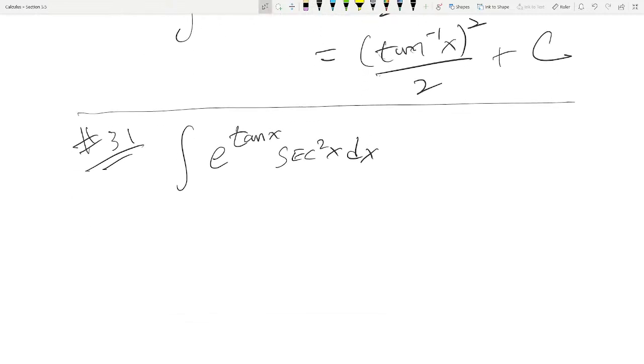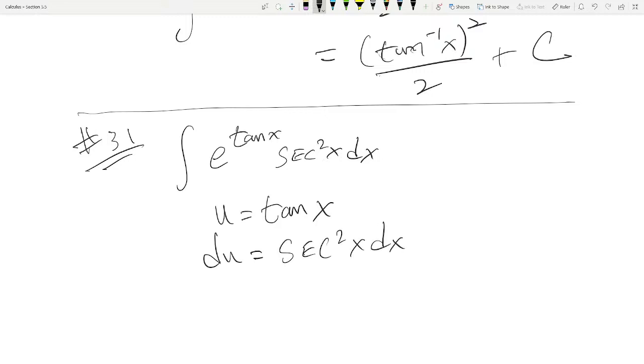Okay, so I see a couple of things that trigger me. I've got e to something. I'd love it to be e to the u. So if I want that, my first try should be u equals tangent x. And then you just follow your nose and you get du is secant squared x dx. And then you look up here and you go, oh my gosh, this thing is so rigged. Look at that. It's just the integral of e to the u, because that's e to the tangent.